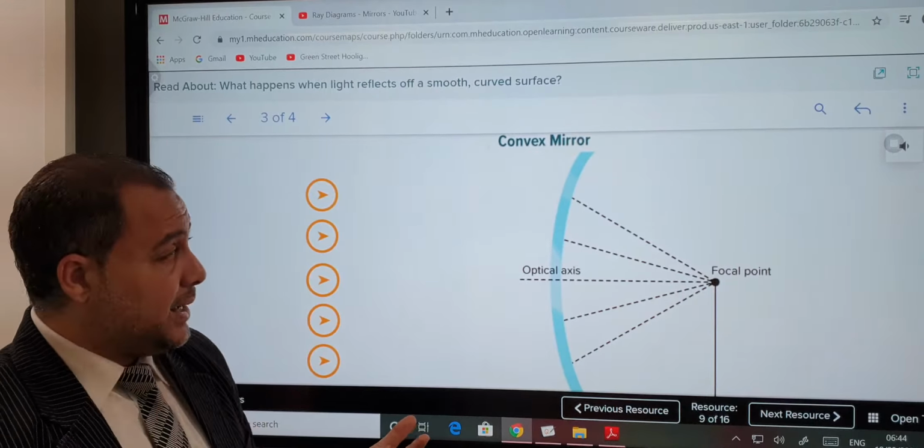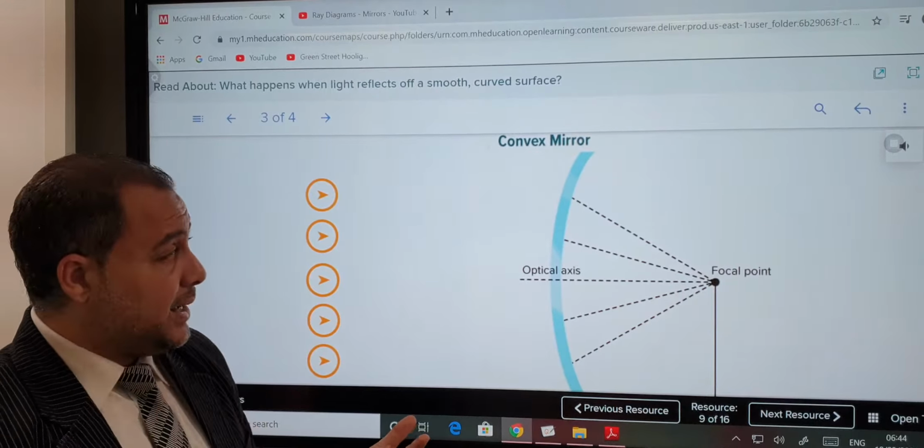So its focal point is called virtual, not real, as in the concave mirror. Why? Because it's produced from what? Yes, virtual image. Good, because it's the image produced from the intersection of the extension of reflected rays. But in a concave mirror it was what?